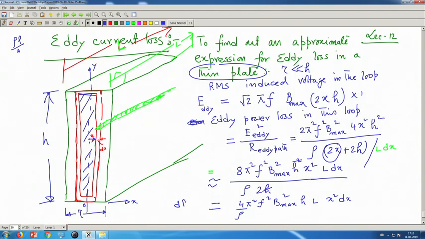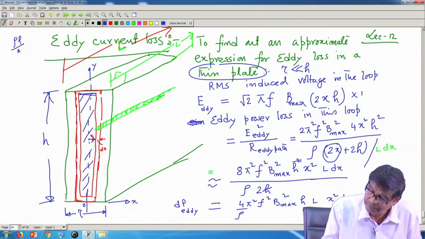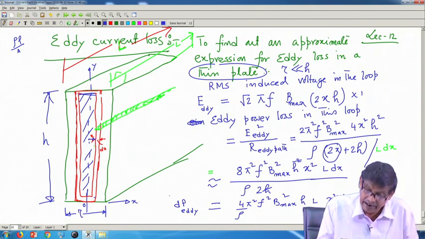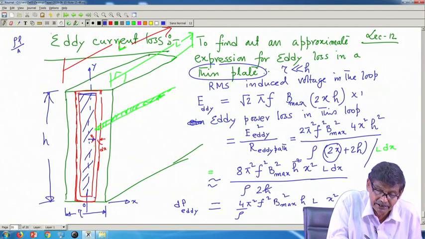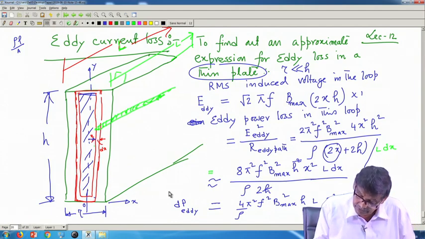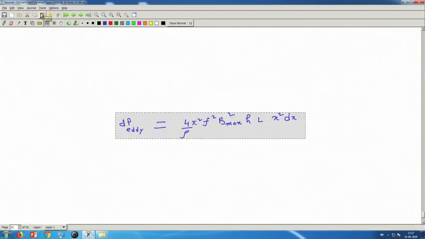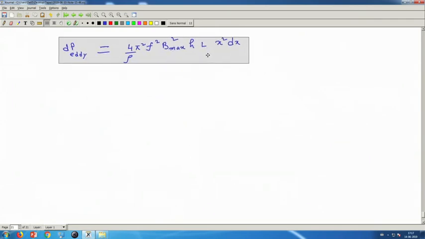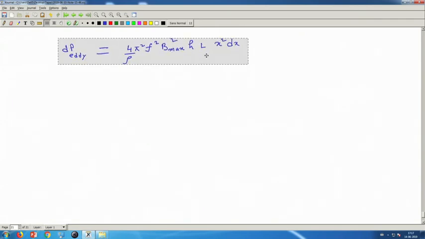I will say this is dP eddy on this elementary loop. And this portion I will just copy it and carry on. So, we got from the previous slide, this is the thing. Therefore, this is the thing.